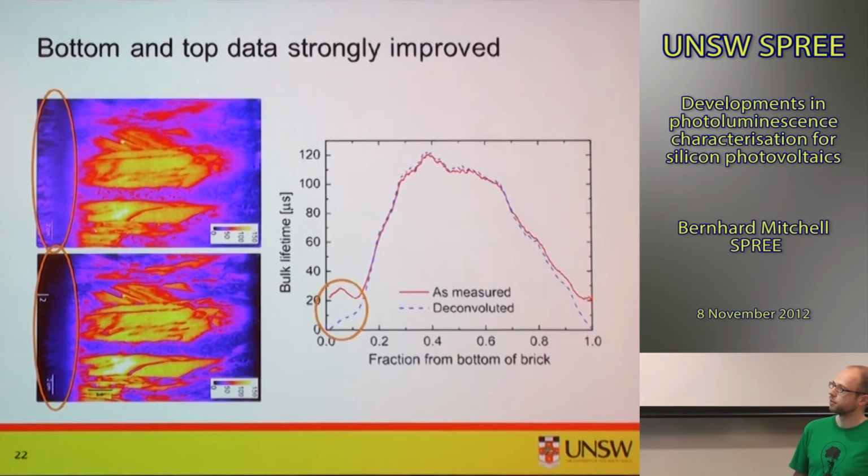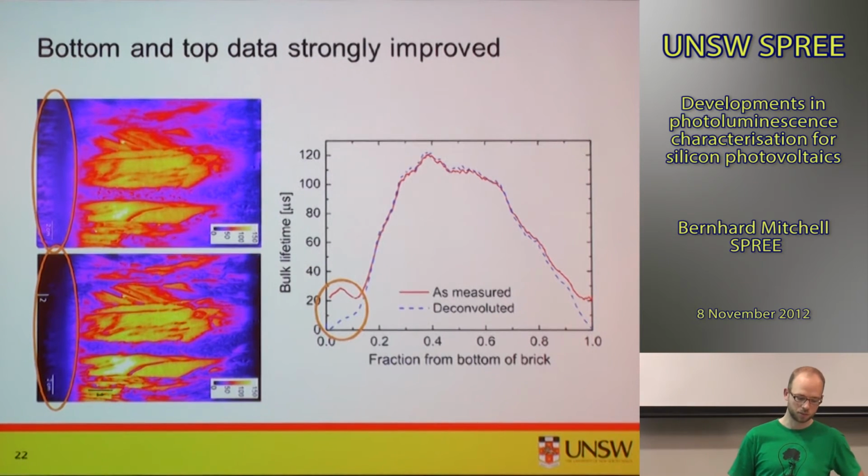If we compare them directly and look at the cross section, averaging the line scan, we can see that especially on the top and bottom, the average signal decreased a lot, which is in better agreement with QSSPC measurements.